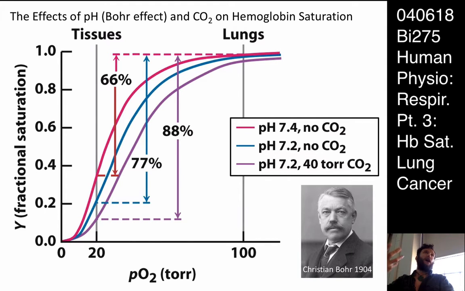As carbon dioxide concentration is going up at the peripheral tissues, that's a signal for the hemoglobin to unload its oxygen because it's where it wants to be. And the more carbon dioxide, the higher the oxygen demand at the tissues. Y'all with me? All right.